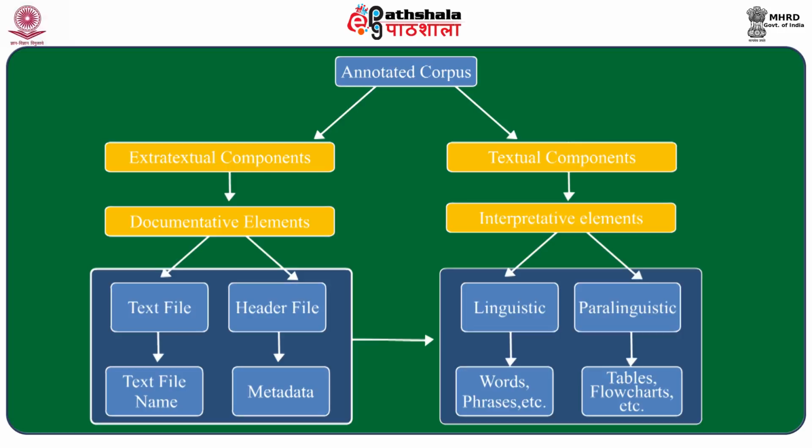So these are basically gateways, external elements which help us to handle the texts properly. So we find there are extratextual components and intratextual components. Thus the figure given here represents the things that are available in an annotated corpus.